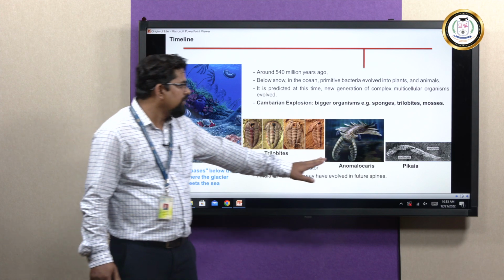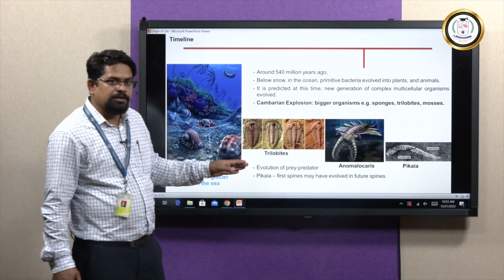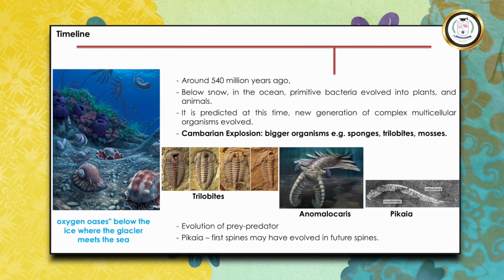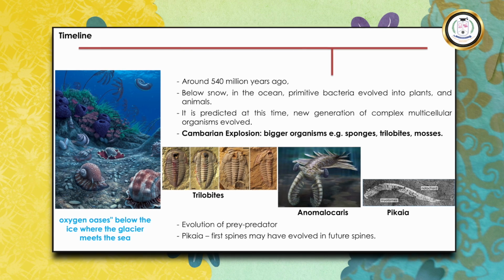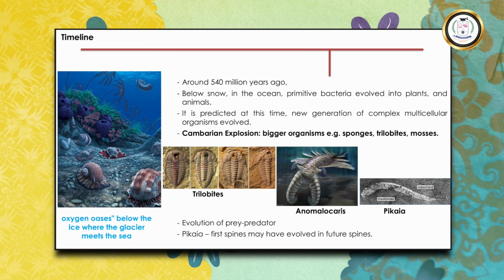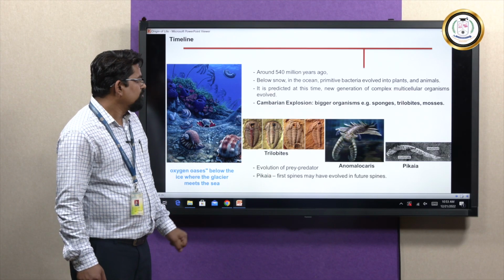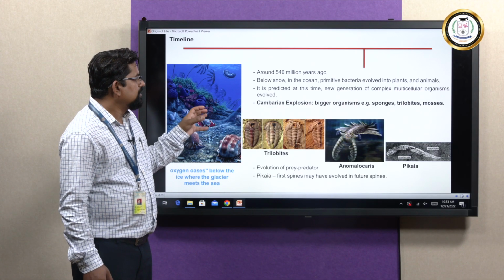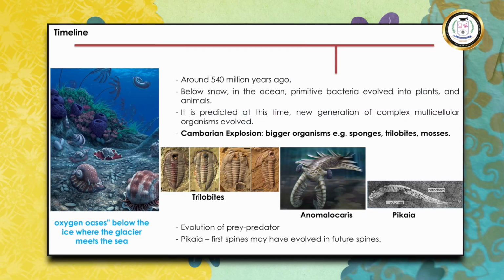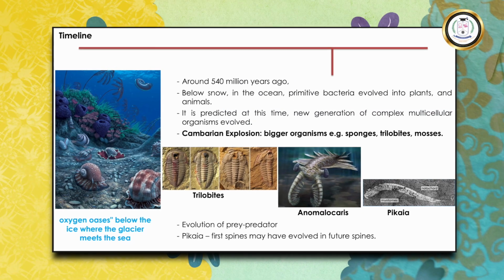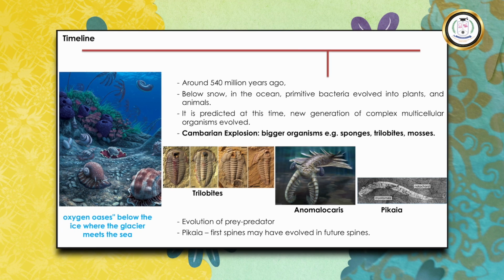And then we also have the fossil for Pikaia. Pikaia is supposed to be the first spinal organism, which may have evolved into the future vertebrates. So these are some of the fossils of the organisms around 540 million years ago.